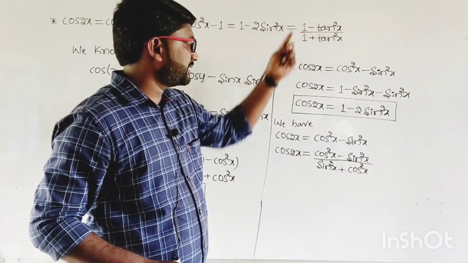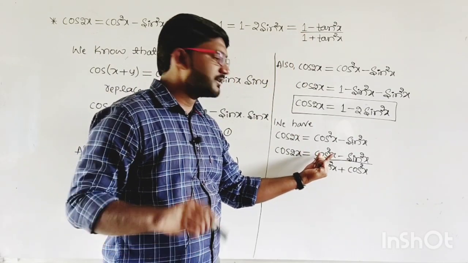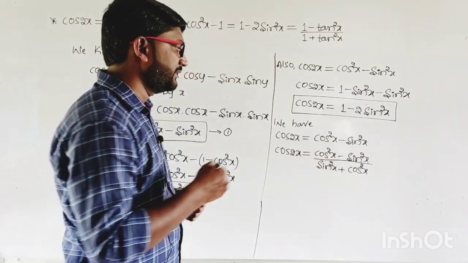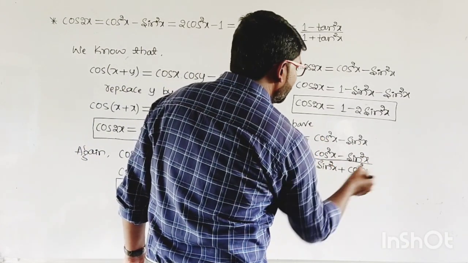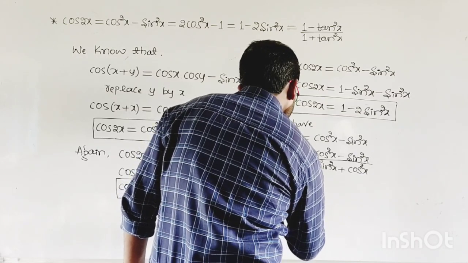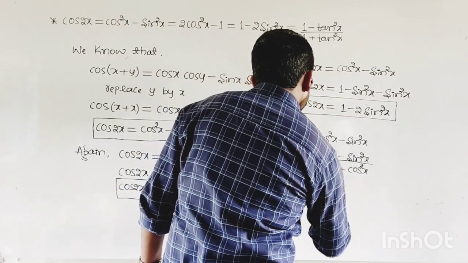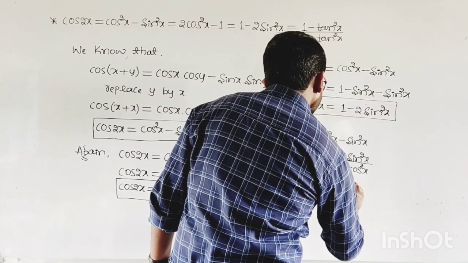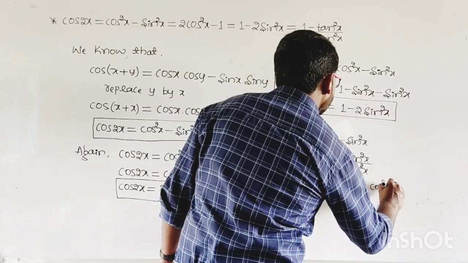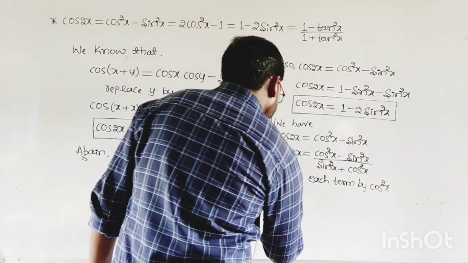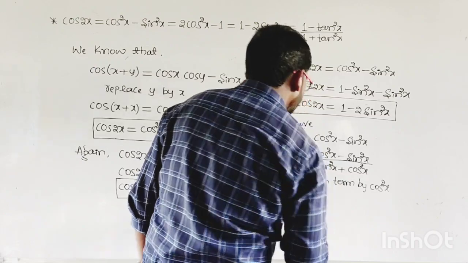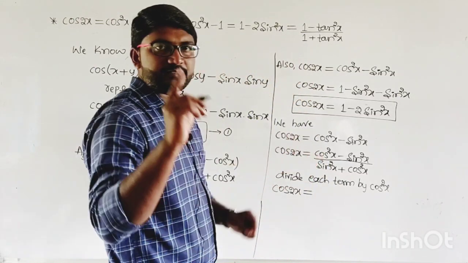Here, if we want 1, and we divide by the cos square x term, then cos square x cancels and we get 1. So we divide each term by cos square x. So what do we get now? Cos 2x which is equals to, see here, cos square x divided by cos square x, it is 1.